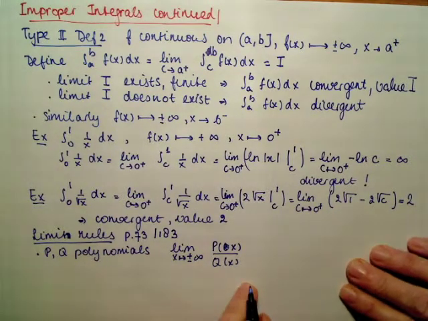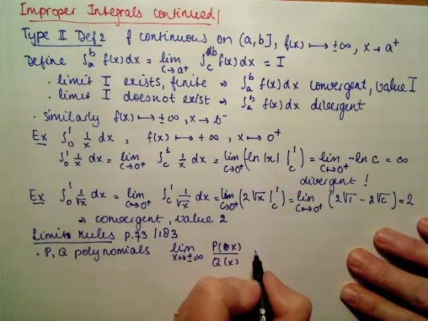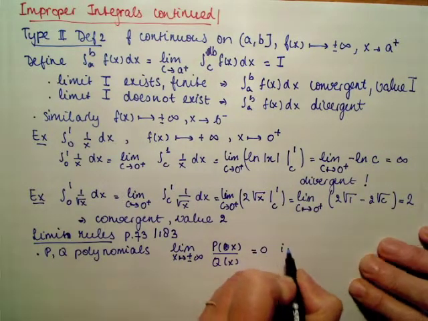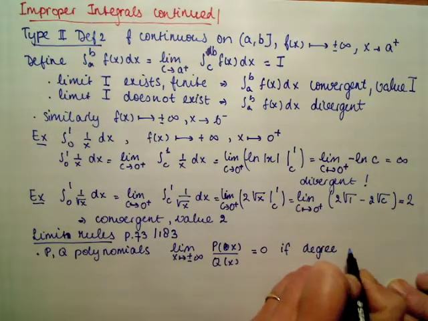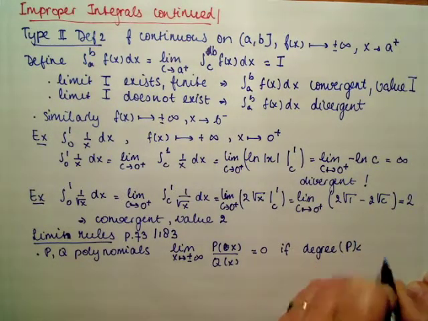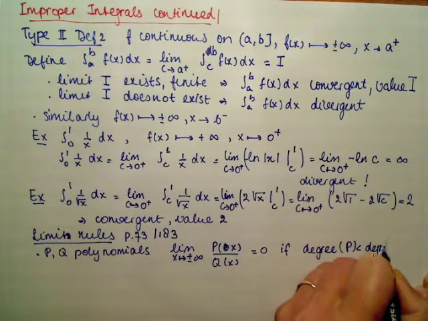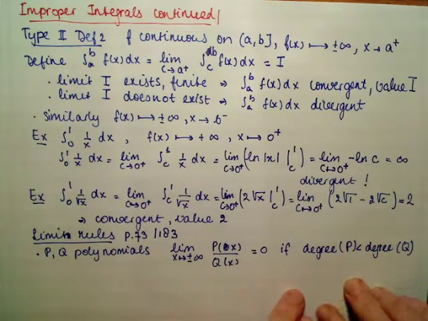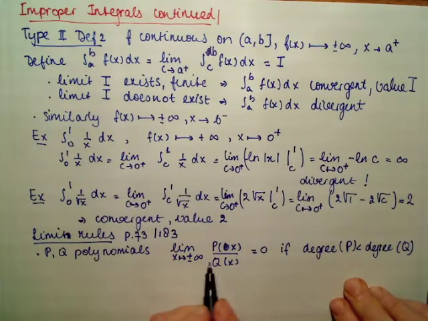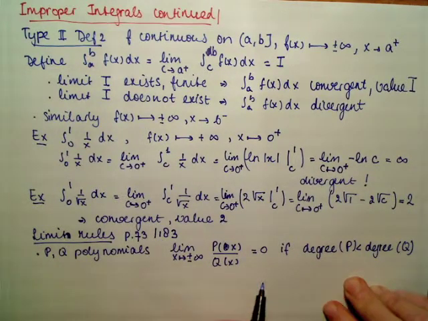This limit is equal to 0 if the degree of p is smaller than the degree of the polynomial in the denominator, because this pulls it down to 0.